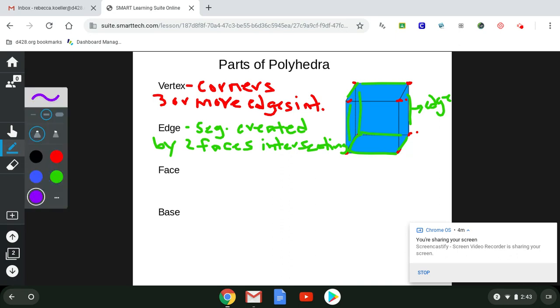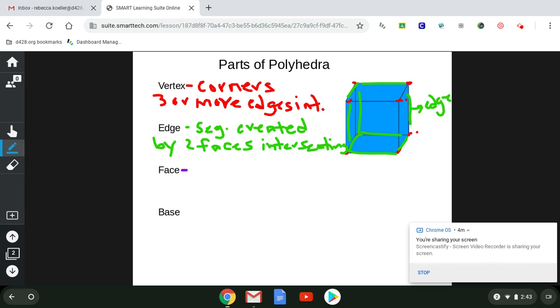Next, we're going to talk about faces. Faces are the sides of the 3D shape. It's any polygon in the polyhedra.